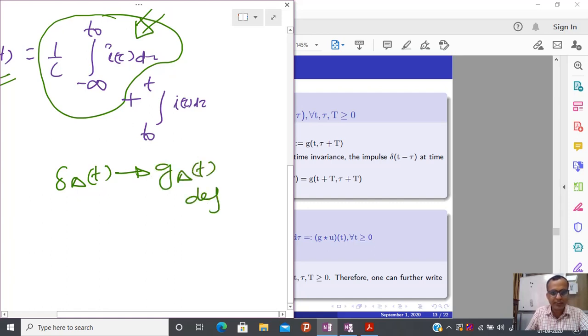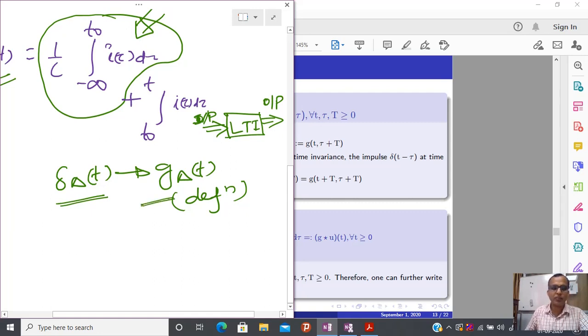So this is by definition that I have applied an impulse function to some linear system, and I am assuming that this is a linear time invariant system. So I have applied the input and I am going to get the output. Here you can see that if the impulse is delta represented like this, then by definition I am getting this kind of output.